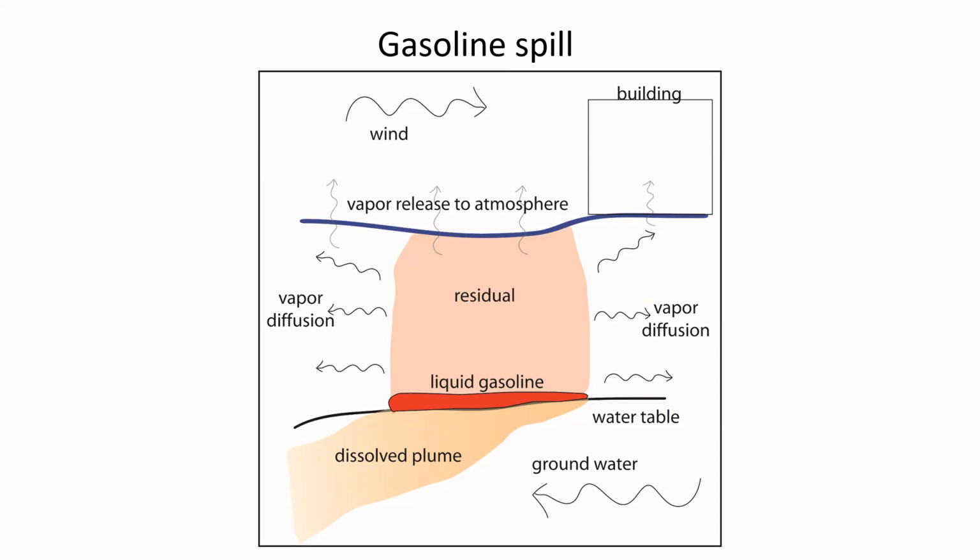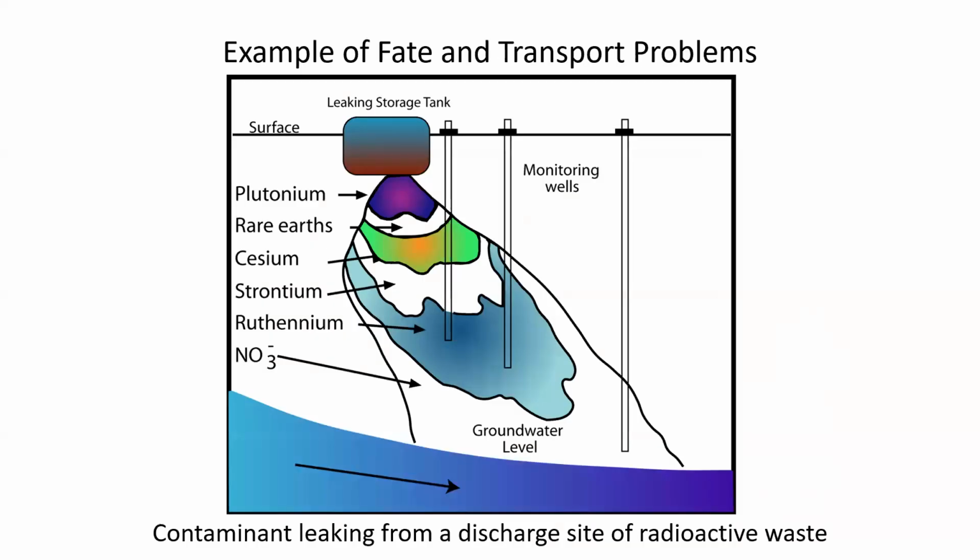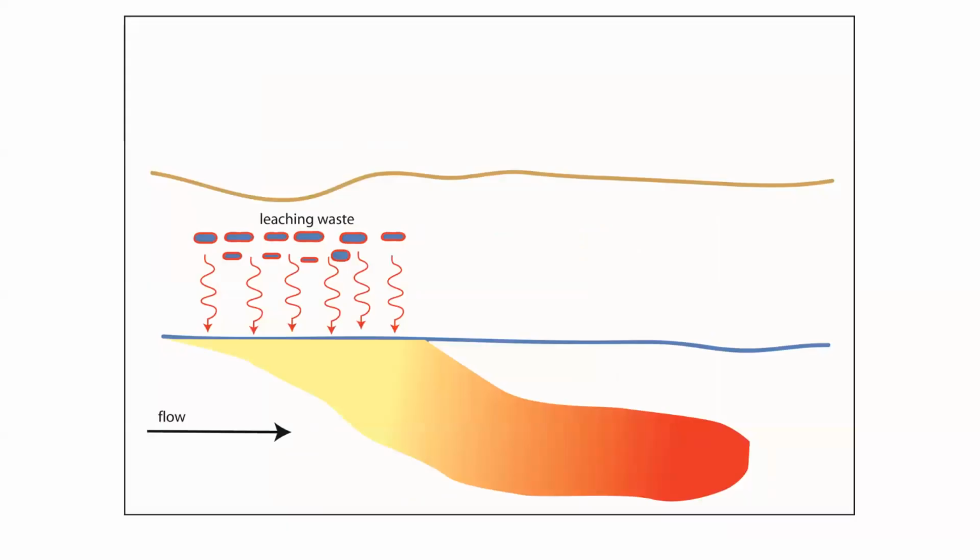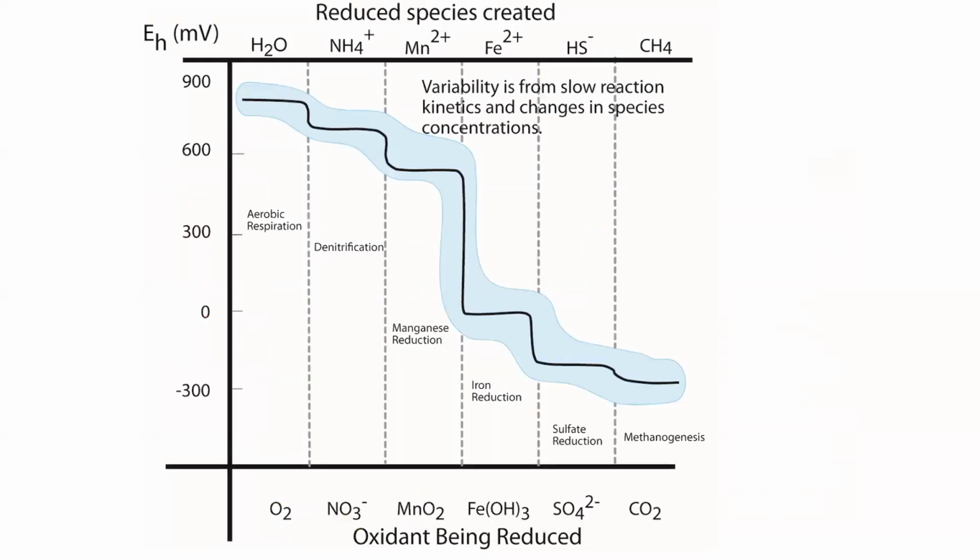These are some examples of what happens when contaminants come into the environment. For example, here you have gasoline leaking from underground storage tanks, and then it goes into the water table. You have a dissolved plume, but things are also vaporized and do get into the air phase as well. Similarly, you can look at another example of contaminant leaking, and other examples of contaminants.